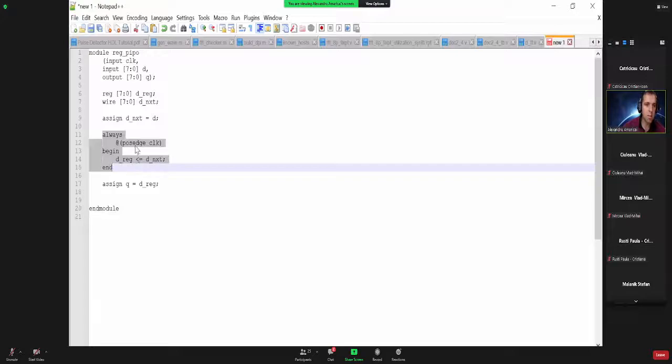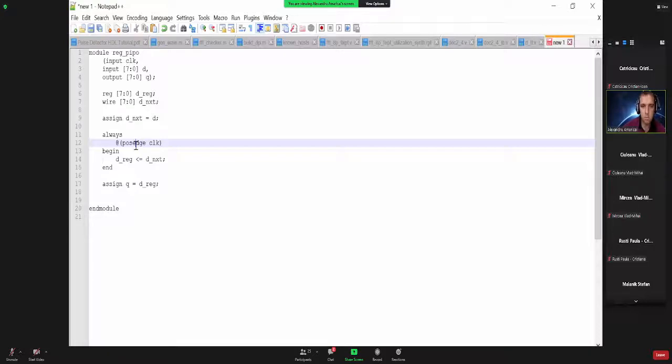Okay, this always block, I will discuss in the following minutes. This is the way that you model sequential circuits and the sequential block, no matter how big your design is.